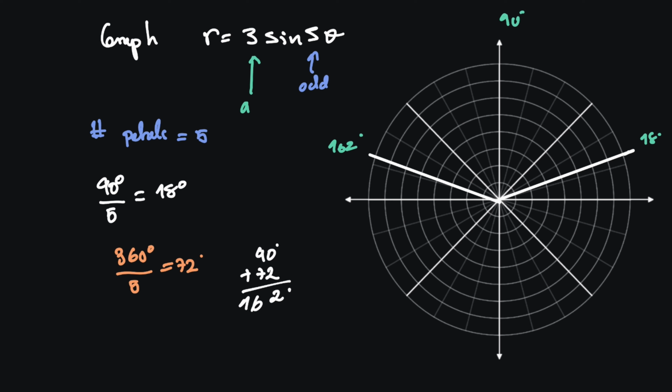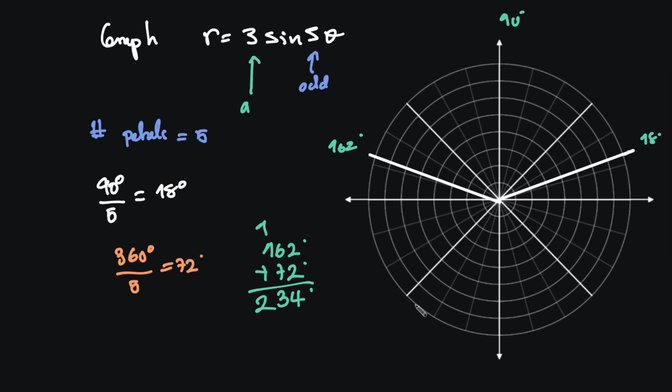Okay, so if we add to 162 degrees, we add 72 more. We're going to get 234. Again, this is 180, right? If we add 30 more, it's going to be 210. If we add 30 more, we're going to have 240.